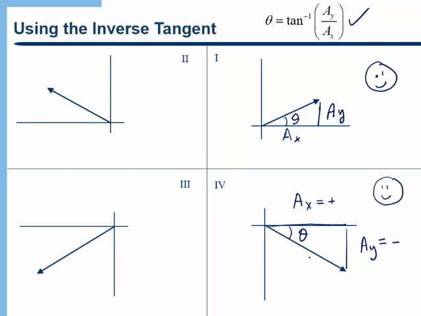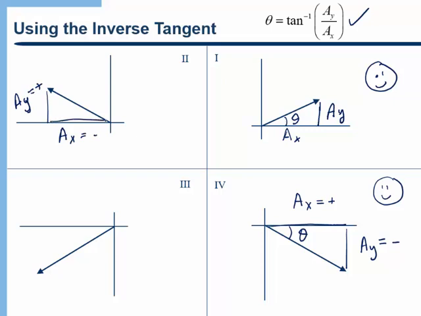Now, in quadrant 2, here's the problem. You'll notice that AY is positive and AX is now negative.